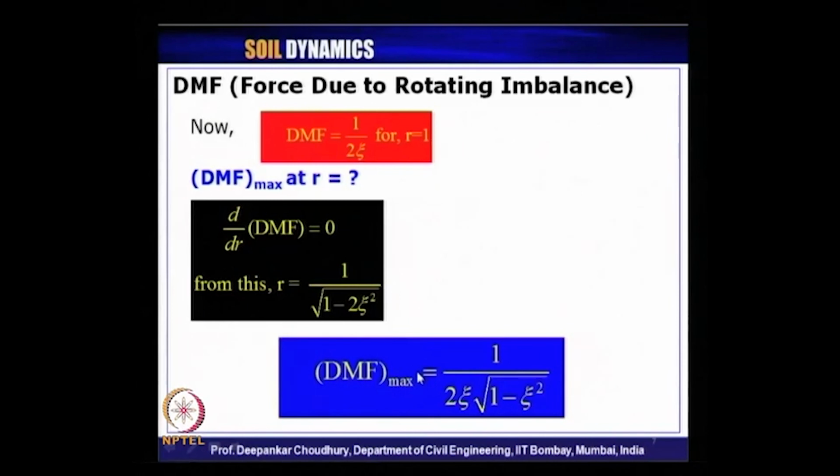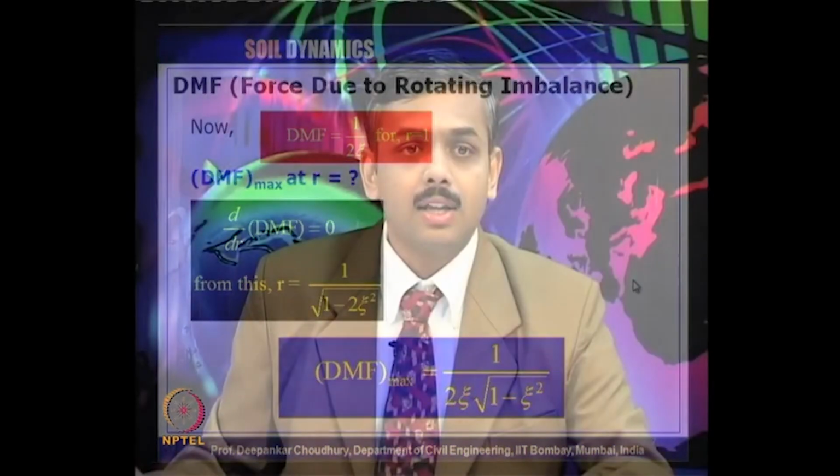And when we compared this system with our previous system, that is a single degree of freedom system subjected to harmonic forced vibration, the magnitude of the maximum value of DMF is the same, whereas the frequency ratio at which that maximum is reached varies. One is reciprocal to the other one.